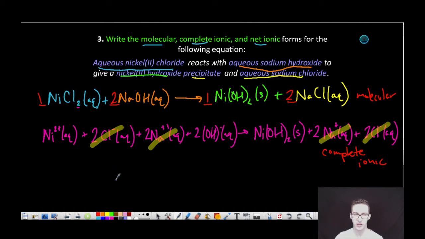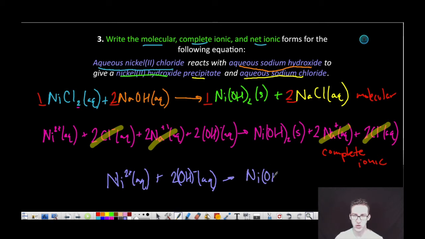Our net ionic equation is simply going to be the nickel 2 ion plus the hydroxide ion to form our precipitate nickel 2 hydroxide. Boom. And this will be our net ionic equation, where we are only focused on those things that are actually doing chemistry, not really worried about the people who are just watching it happen. Boom. Moving on.